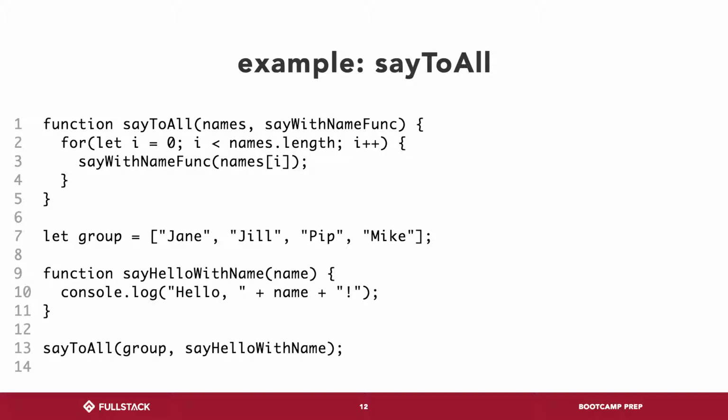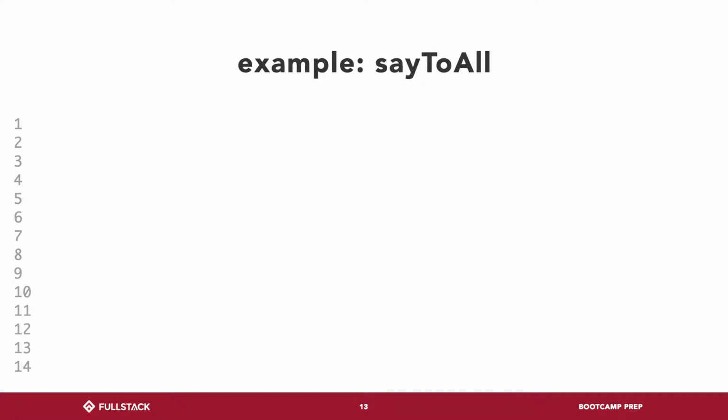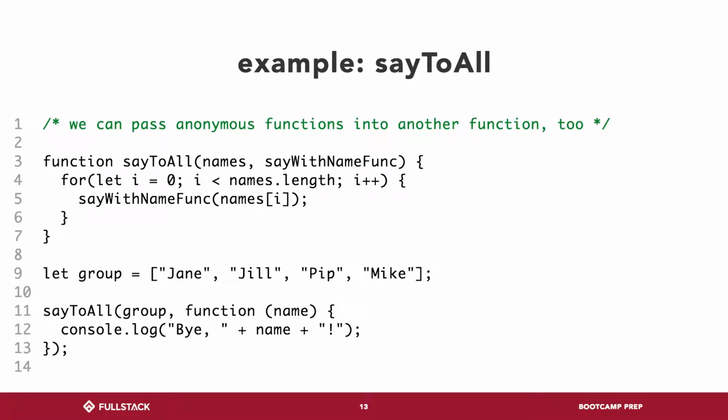Basically, this logic inside say hello with name is being applied directly to the say to all function as an anonymous function. Is everyone somewhat familiar with the term anonymous function? Have you heard it before? No? So this is just an example of what an anonymous function is. It's a function that is not being declared. You are not pre-declaring it with the word function, and you're not assigning it to a variable.